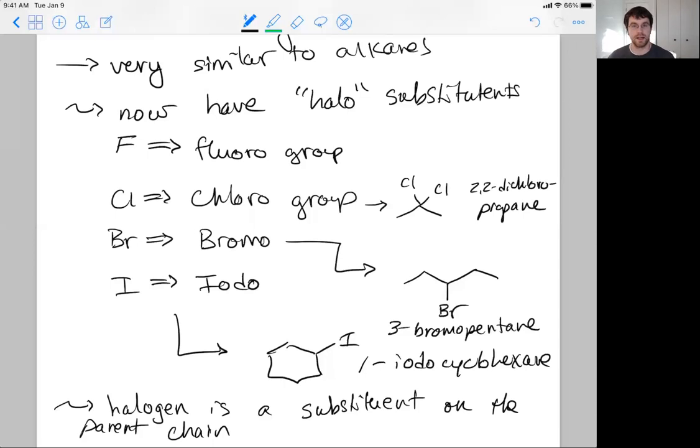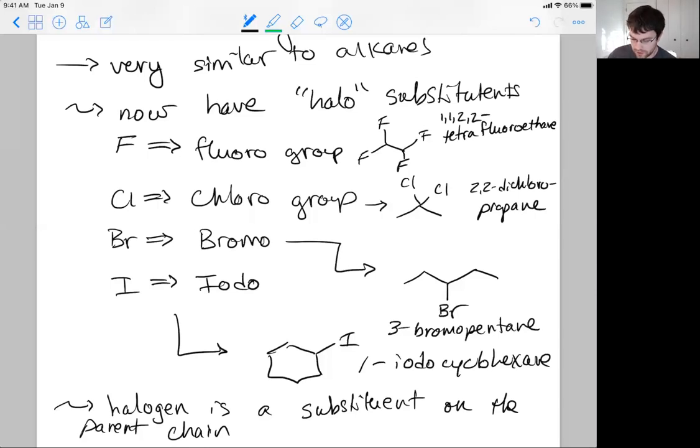So we could have our di, tri, tetra prefixes in front of our substituents, which are now halogen atoms, along with a number for each of them. And if I had to have a fluoro example, I guess maybe I could have tetrafluoroethane, and that would be 1,1,2,2-tetrafluoroethane.